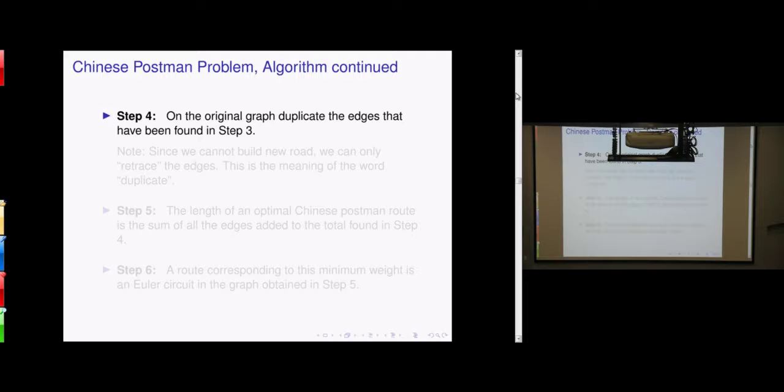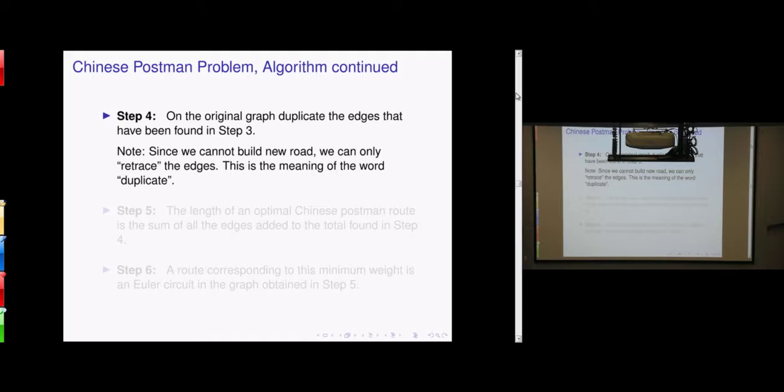Now I have to explain what duplicate means. The reason is, in this postman problem, we cannot build a new road. The postman cannot just build a new road, so he has to follow the existing streets. He cannot add new edges.